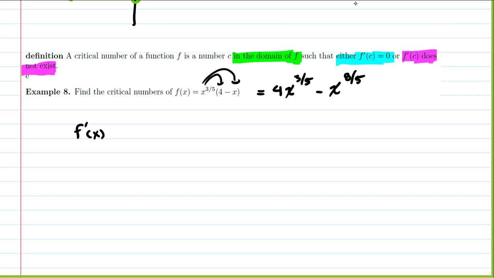So f prime of x is equal to 4, and then we have 3/5 comes down in front. x to the 3/5 take away 1. Well, 1 is the same as 5/5. So 3/5 take away 5/5 is negative 2/5, minus 8/5, and then we have x to the 8/5 take away 5/5, which is 3/5.